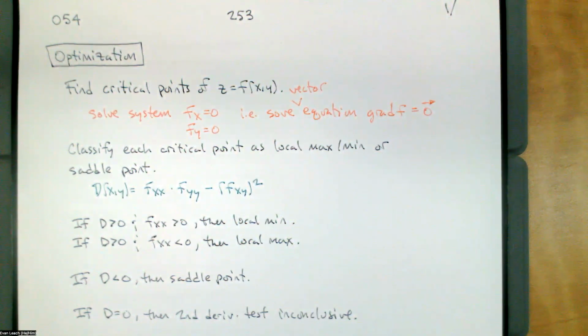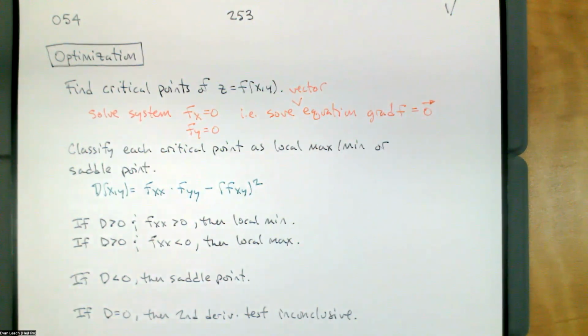Now that we have a function of two variables, we have four second partial derivatives. So we had to find a way to combine all four second partial derivatives. And we did that through the determinant of the Hessian matrix, fxx times fyy minus fxy squared.